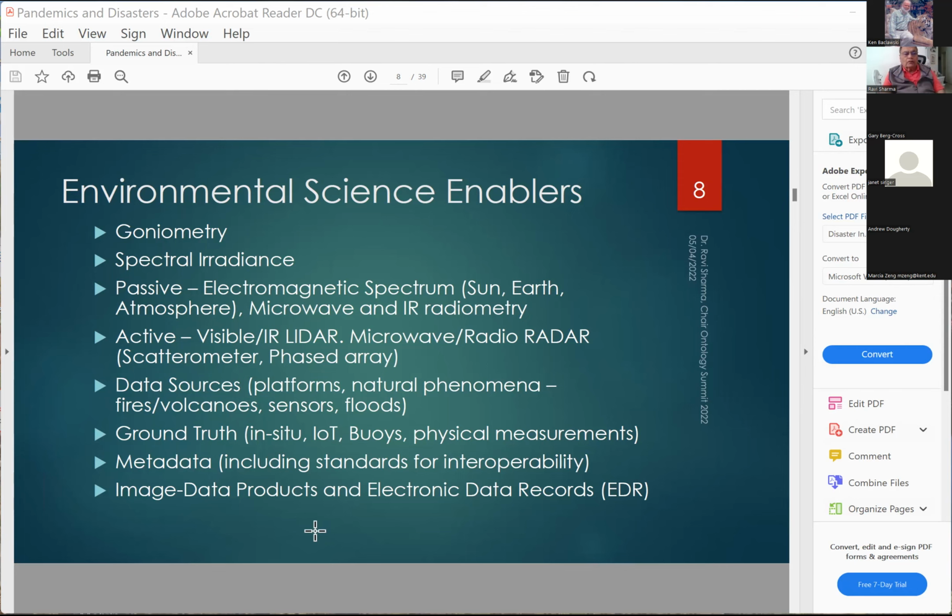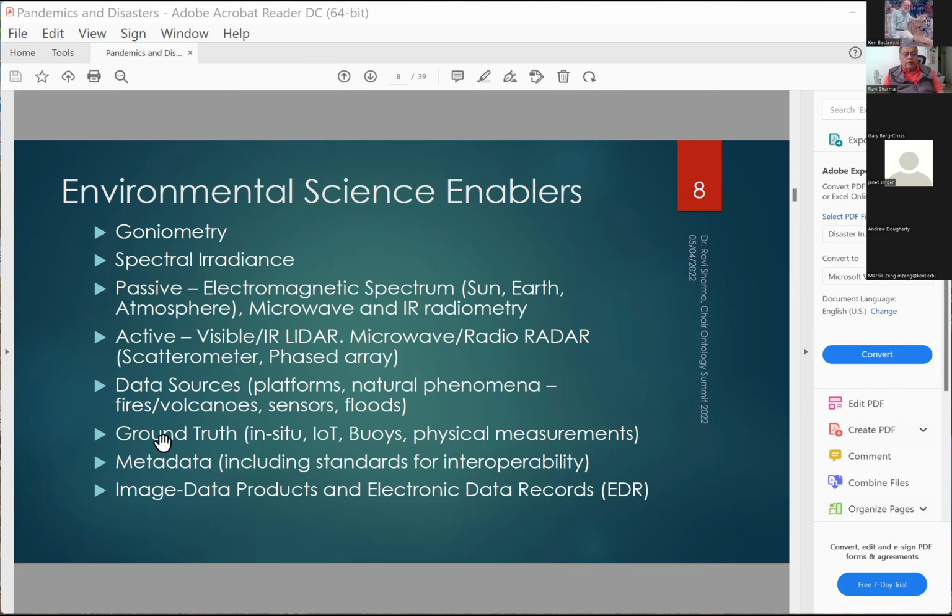Now, the data sources are important, we'll come to them, but supplementing or verifying is done by ground truth, which is listed here.